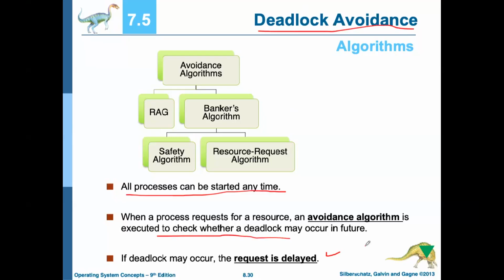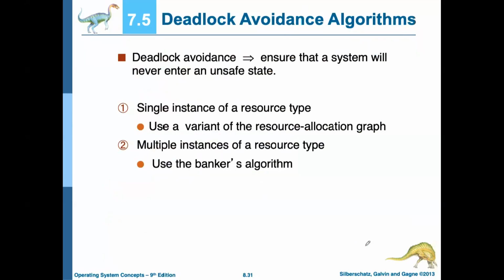So deadlock avoidance is to ensure that a system will never enter an unsafe state. For a single instance of a resource type, use a variant of the resource allocation graph, and for multiple instances of a resource type, use the banker's algorithm.